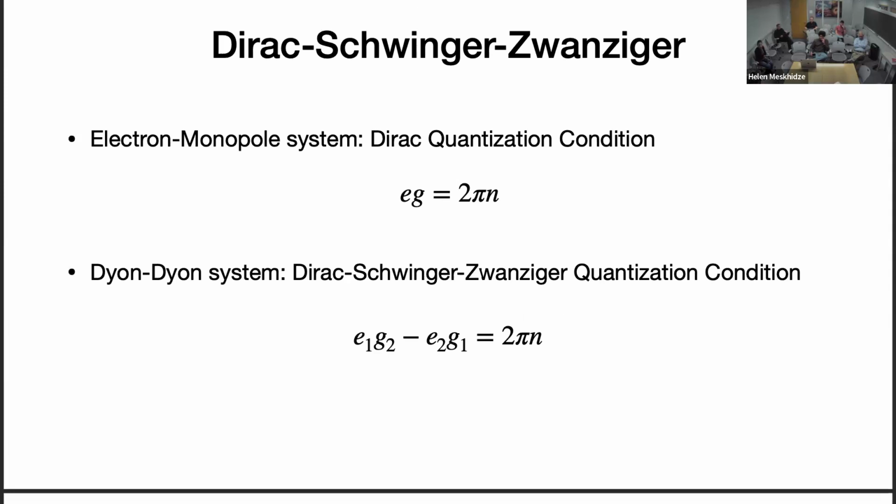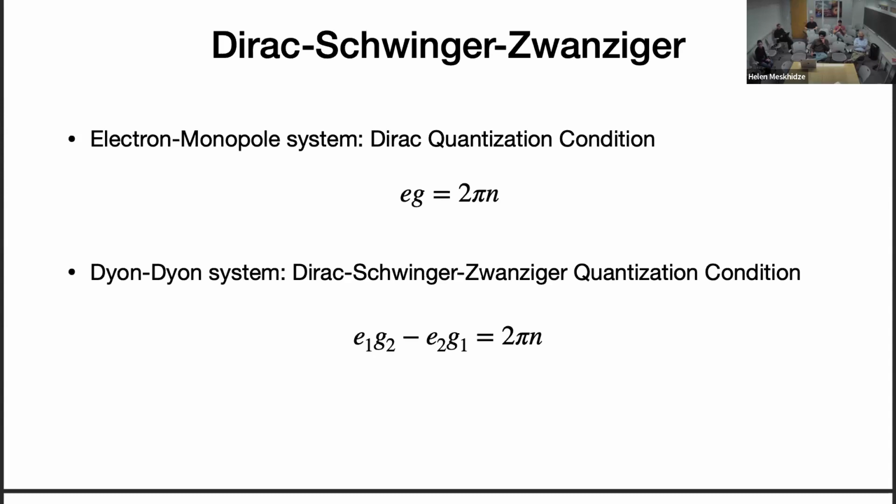I guess most of you have heard about the Dirac quantization condition of a system of an electron and a monopole. Dirac discovered that the charges have to be quantized, otherwise there is a singularity, a Dirac string, and to avoid it we need to impose this quantization condition. Here n is an integer, and this is the famous Dirac quantization condition.